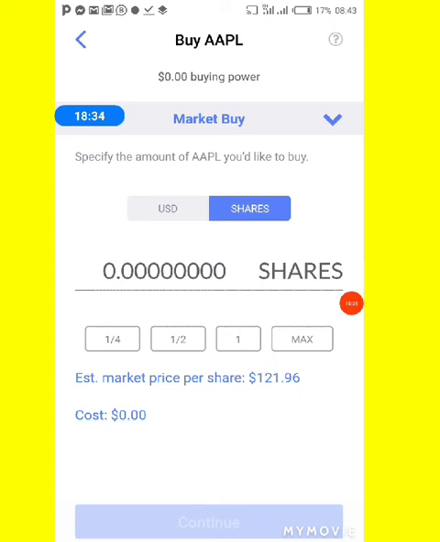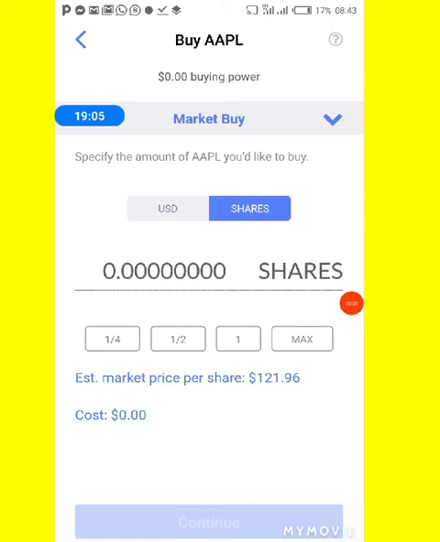So the same thing is happening here. For you to buy 2 shares in Apple, you need about 200 and something dollars. That's $242, because if 121 is for 1, then $242 will be for 2 shares.